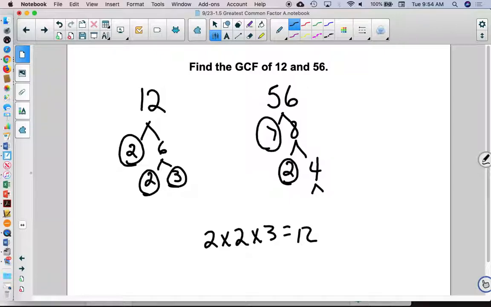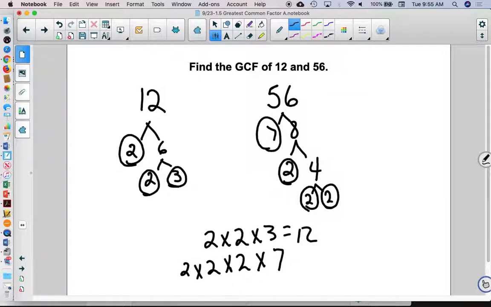What number multiplied together gives me 4? Kaylee. 2 and 2. Remembering, prime factorizations are written in least to greatest form. So I have 2 times 2 times 2 times 7.